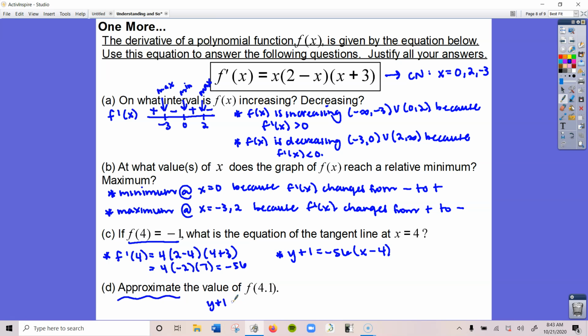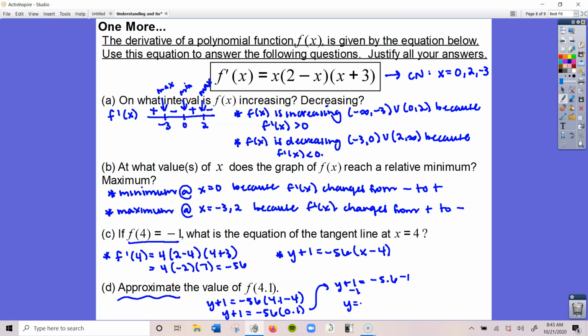So y plus 1 is equal to negative 56 times 4.1 minus 4. When we work this out, we get y plus 1 is equal to negative 56 times 0.1. We multiply the negative 56, so y plus 1 is equal to negative 5.6, and finally subtract the 1.